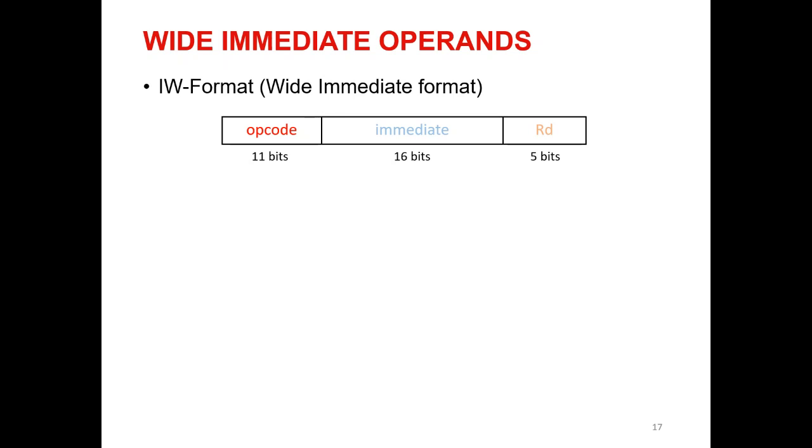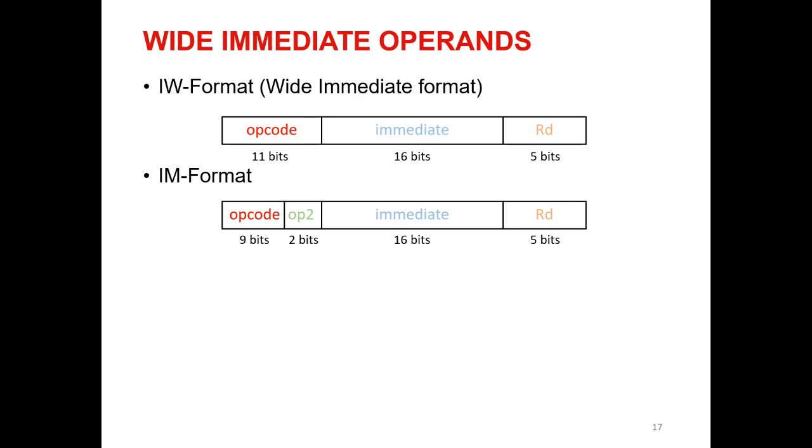To be more accurate, these instructions use a format which is basically the same as the immediate format, but the operation code, instead of having 11 bits, is split. We have 9 bits for the operation code and 2 bits for a second operation code.